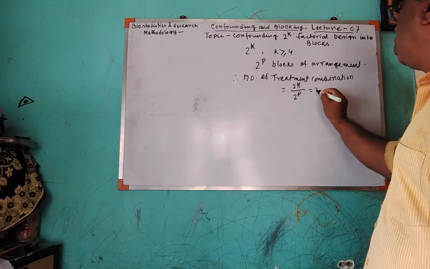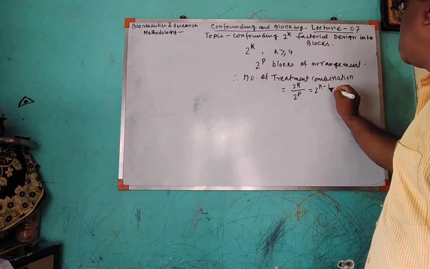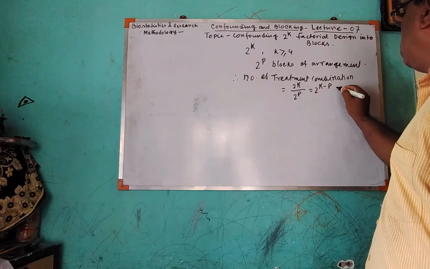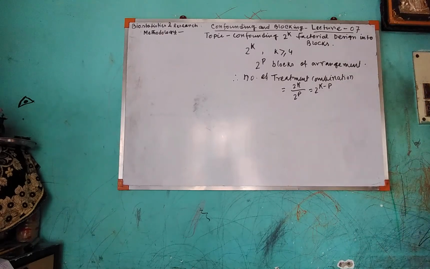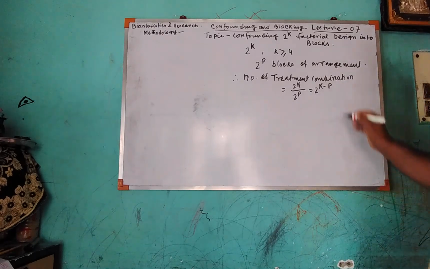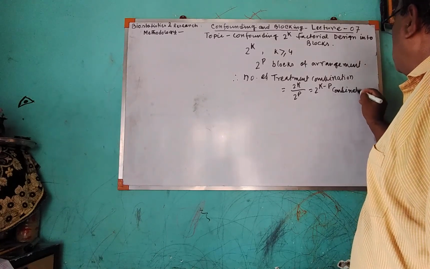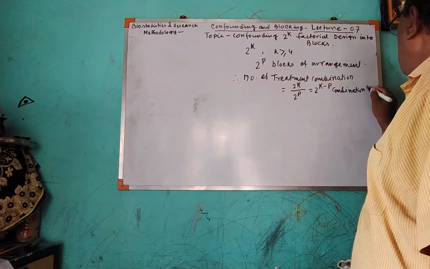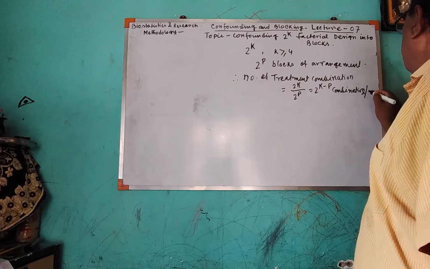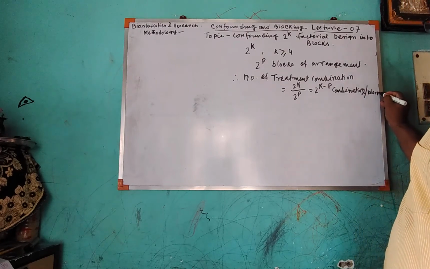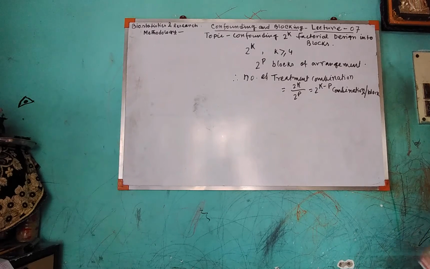That means 2 to the power k minus p combinations per block. Okay, 2 to the power k minus p combinations per block.